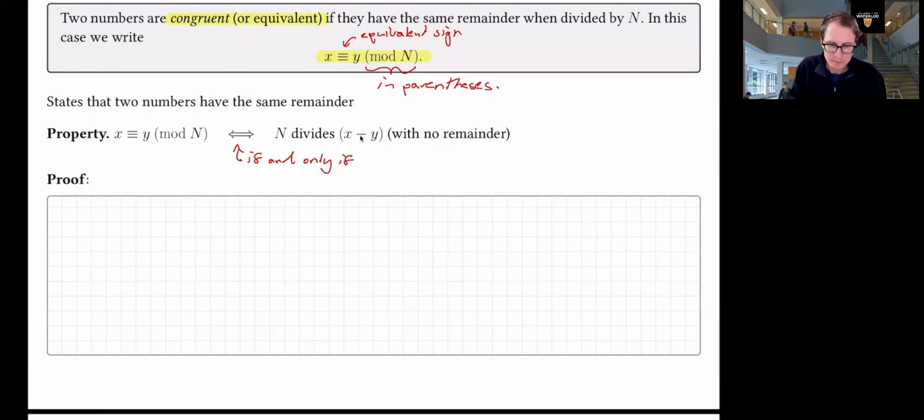So if x is equivalent to y mod n, that means they have the same remainder, right?